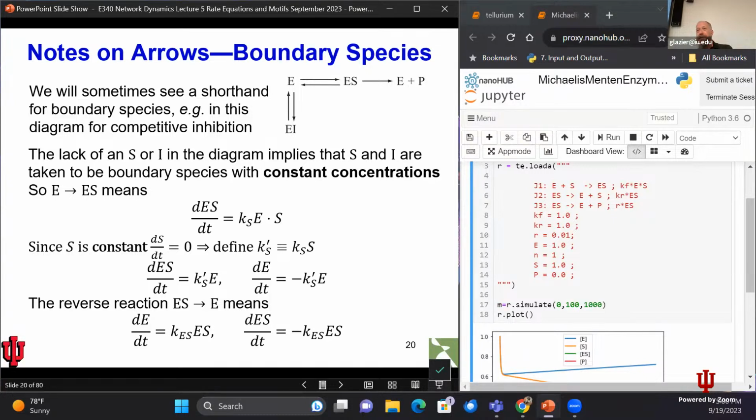And again, I'm afraid this is a standard abbreviation. And so it won't look like a mass action rate because you don't see the S, but the S is there inside of the rate constant. So yes, I skipped this step where we define Ks prime to be Ks times S. And similarly, Ki prime would be Ki times I.